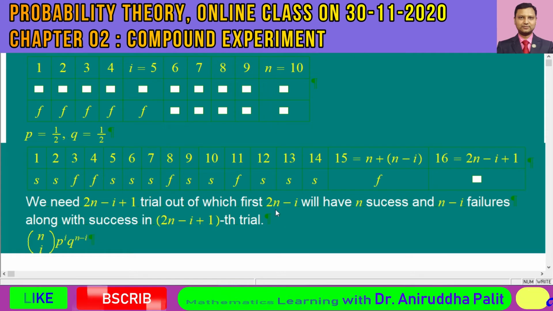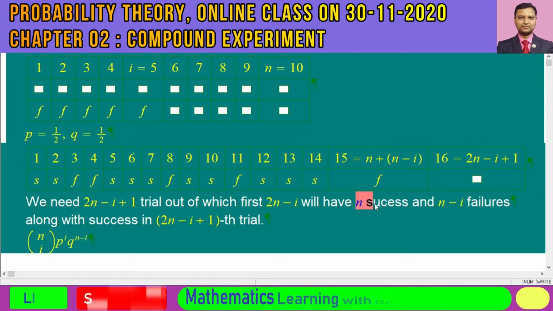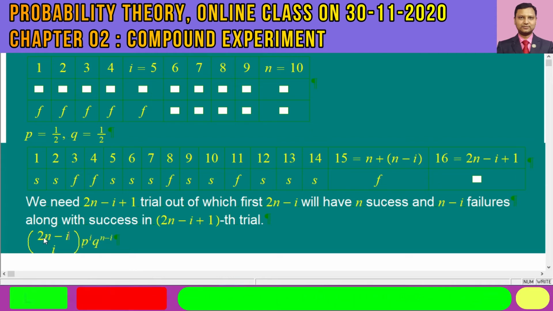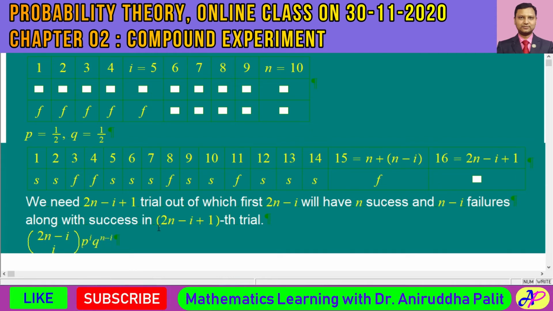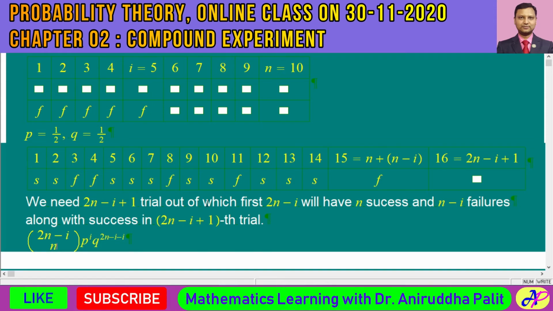Now, in place of n we have 2n − i, and in place of i we have n successes. So in place of n we put 2n − i, and in place of i we put n.